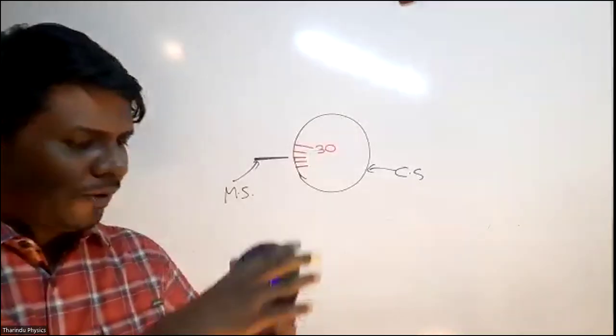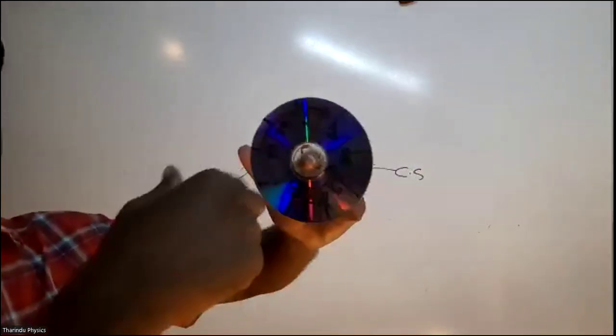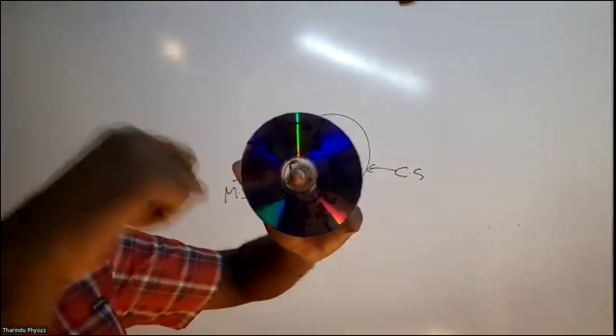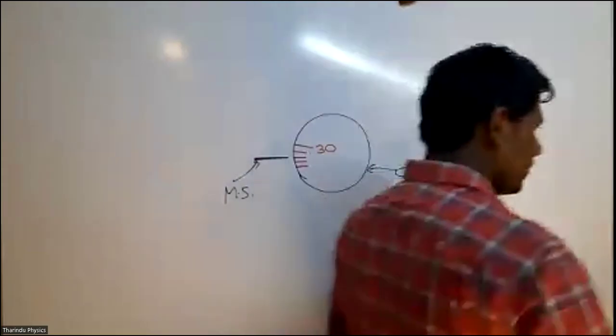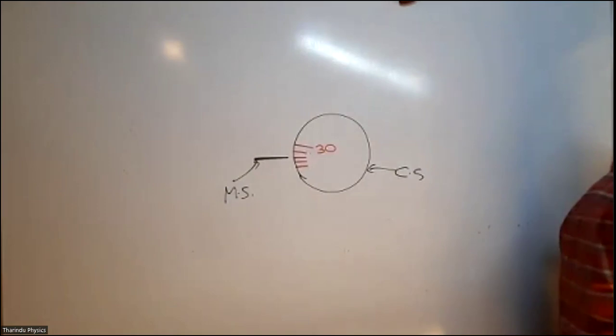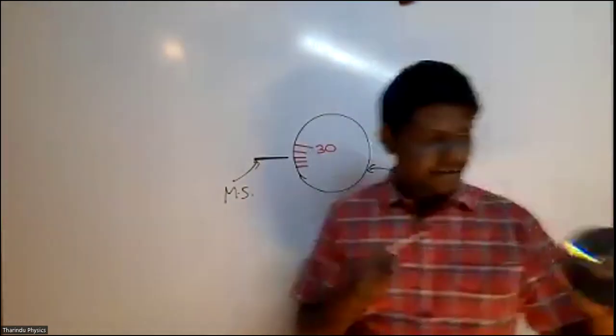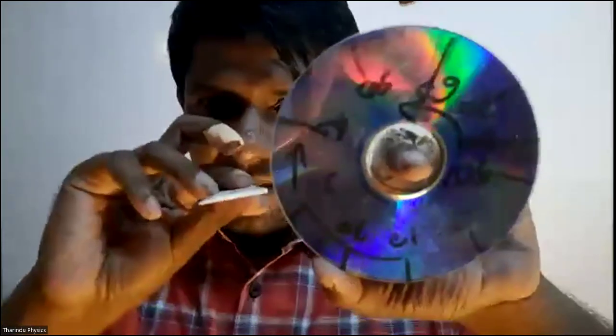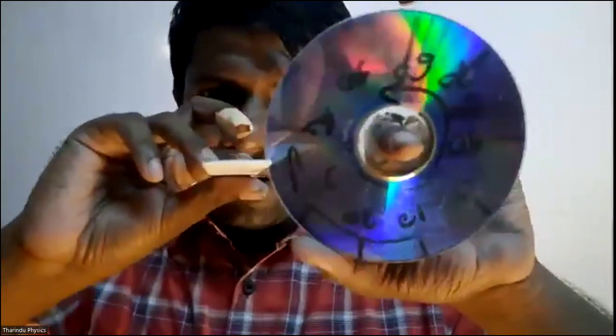So I told you, when you are observing, it is all given in clockwise. You rotate it anti-clockwise to move it up. Now have a good look. I need to find the ruler. This ruler acts as the main scale.